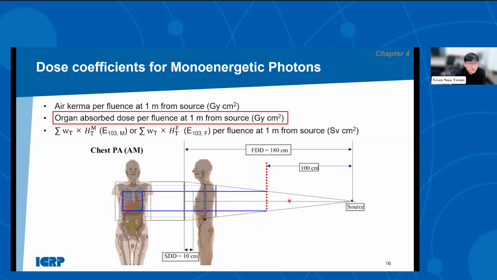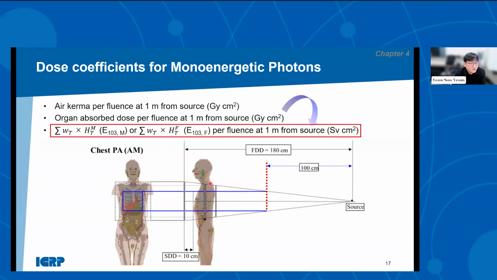This picture shows an example of the radiographic exposure of the chest PA for adult male. Once we have the organ dose coefficients, we can easily calculate the male or female contribution to the effective dose coefficient. This can be simply calculated with organ dose and the radiation and tissue weighting factors.